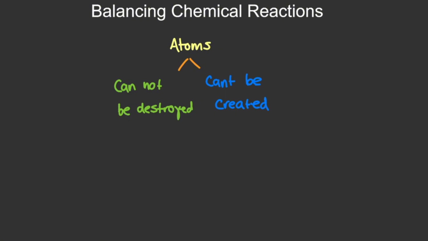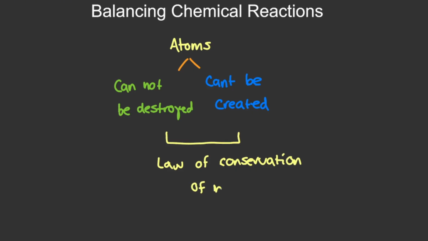Now, this is what is known as the law of conservation of mass. So basically what that means is the law of conservation of mass states that if we start with something, we have to end off with that something.